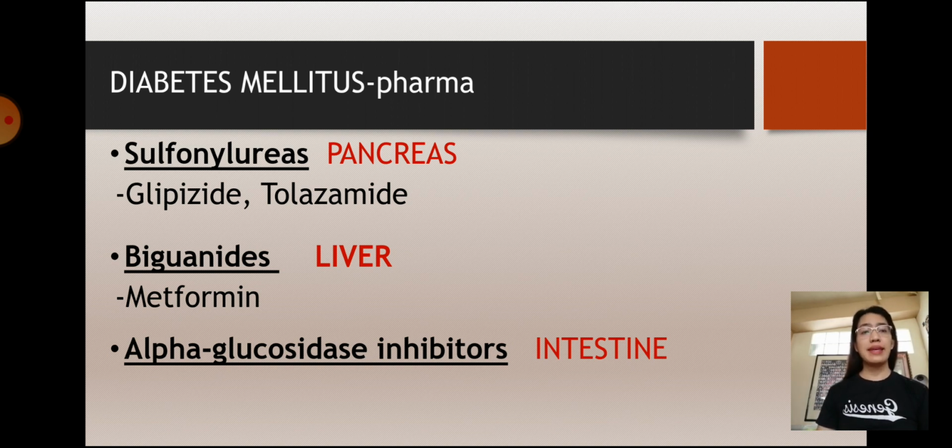Kasi pag na-absorb, di panibagong asukal na naman. Tataas uli yung blood sugar ng patient. So, it will delay the absorption of sugar or carbohydrates in your intestine. Example ng gamot, we have your acarbose. Okay. Now, clarify natin. Pagka metformin lang ang tinitake ng patient, a potential adverse effect is lactic acidosis.